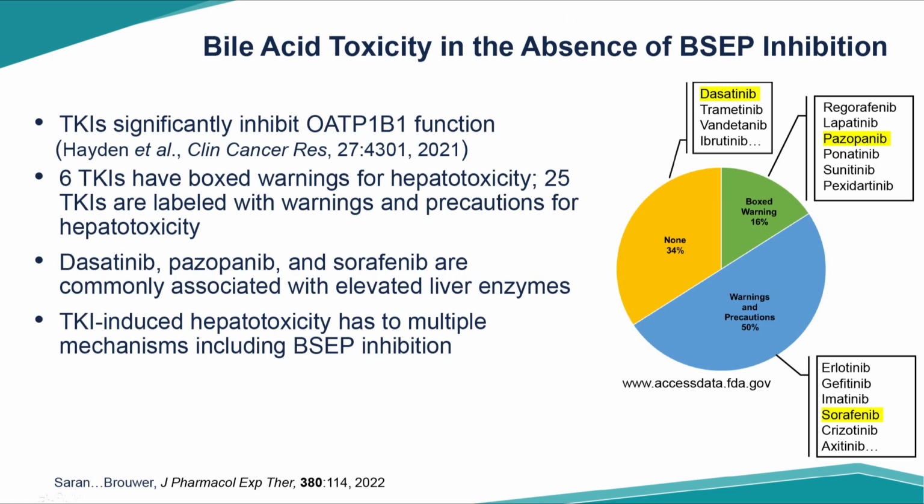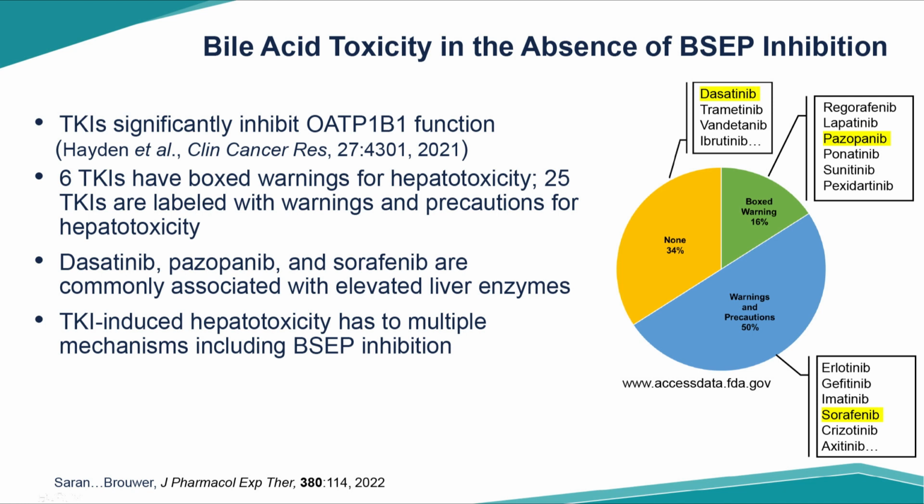And recently, there's been some work with this assay that identifies conditions where you can get hepatotoxicity without BSEP inhibition. This is shown with some studies on tyrosine kinase inhibitors.